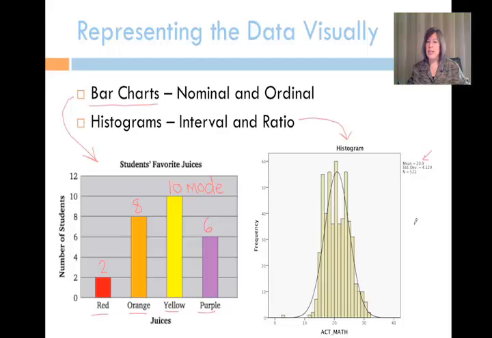The mean on the ACT math test is 20.9. We have a standard deviation right here of 4.1, so that tells you the dispersion of the data. And then we have an overall N. So this data represents information from 522 students.